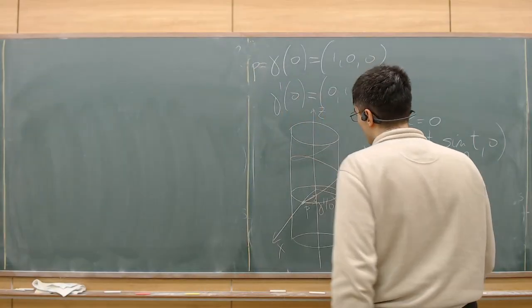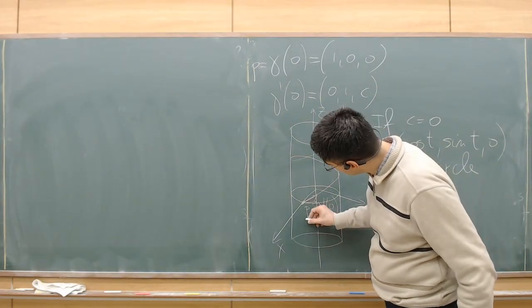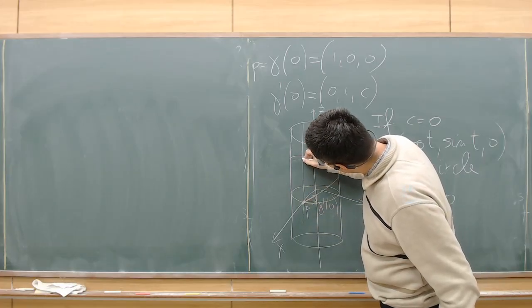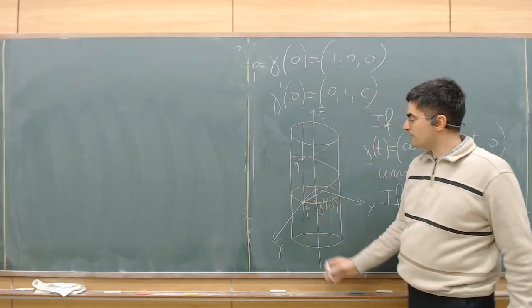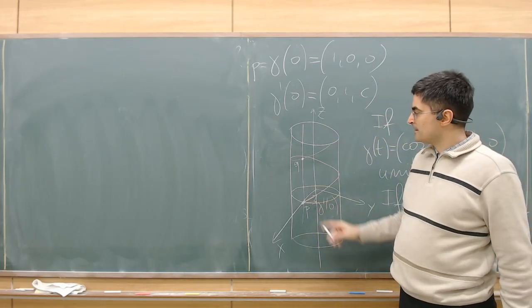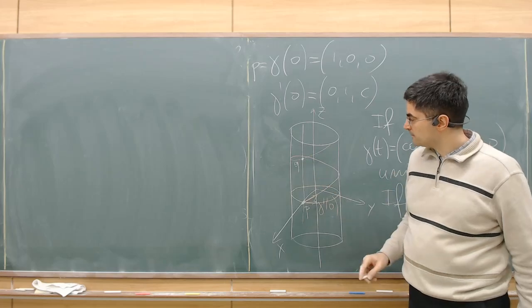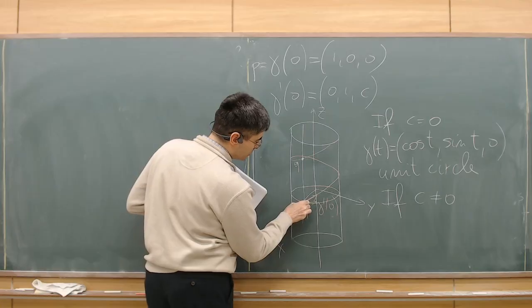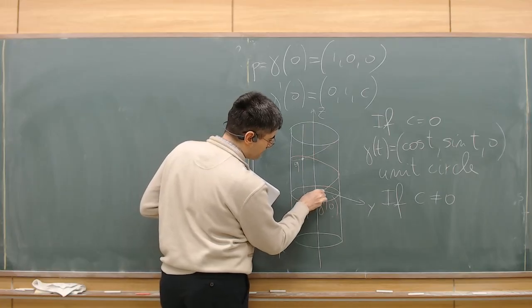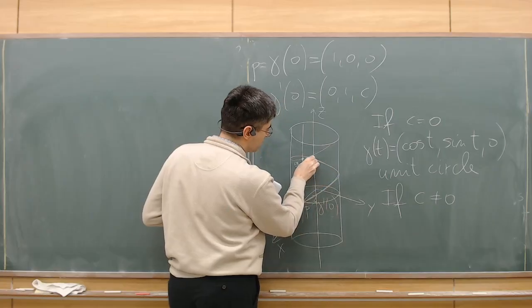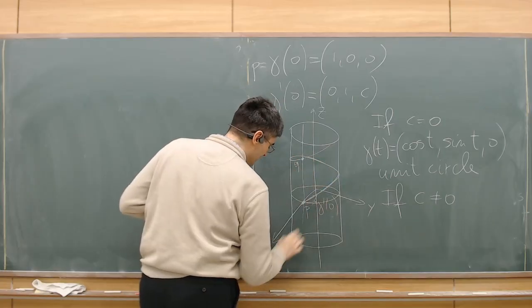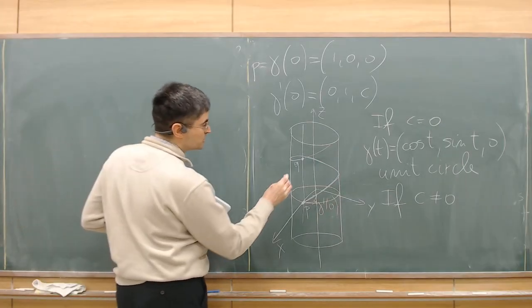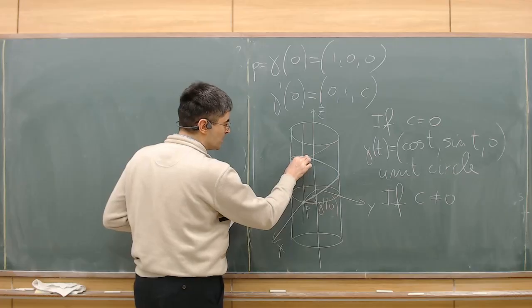So for example, consider the point Q given by the intersection of a vertical straight line and the helix. So this segment of geodesic clearly is not the shortest curve joining P to Q, because the shortest curve joining P to Q is this one.